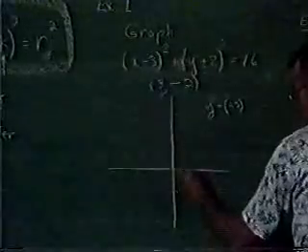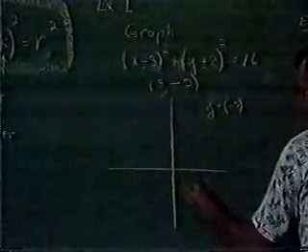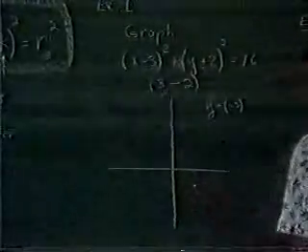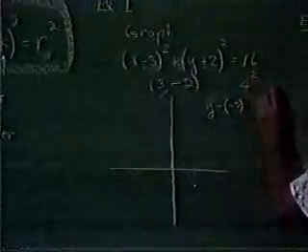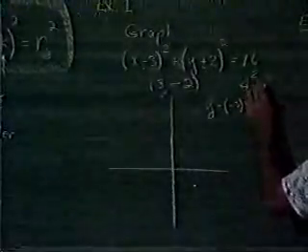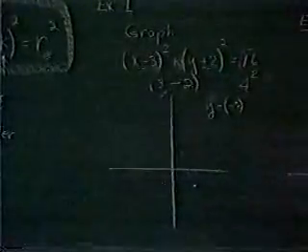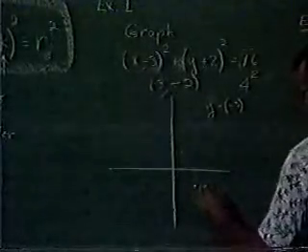So we'll come over here 3 units and down 2 units, and we have the center of the circle. The radius must be 4, because you remember the formula is r squared, not just 16, so it's always the square root of that number. So the radius is 4. Now this was down here at 3, minus 2.